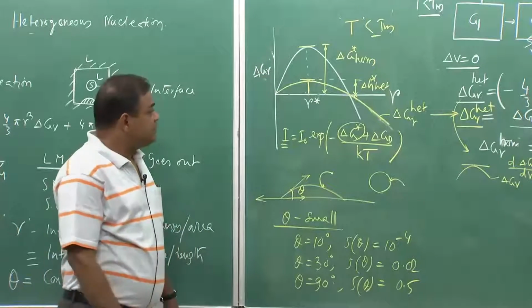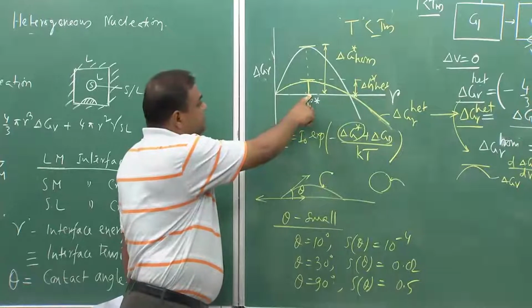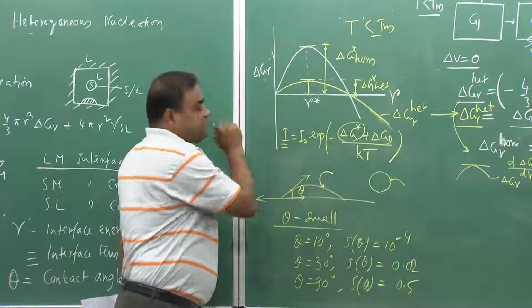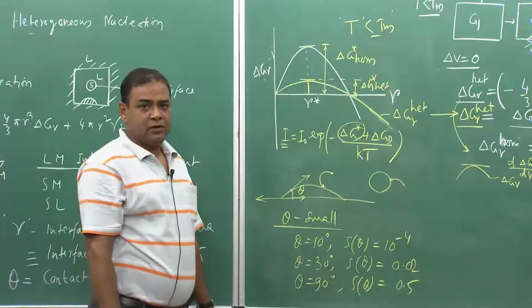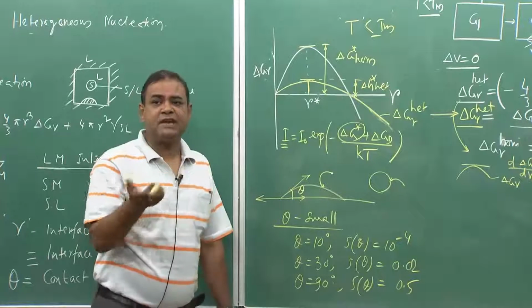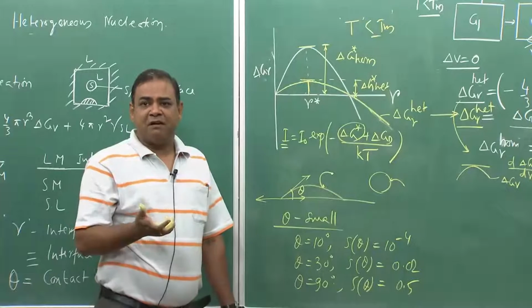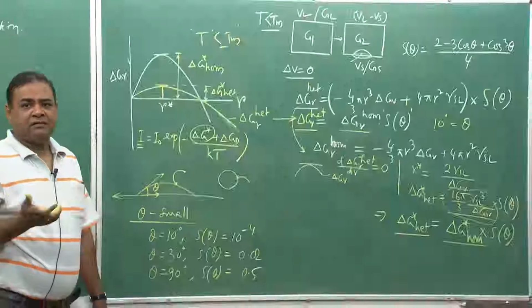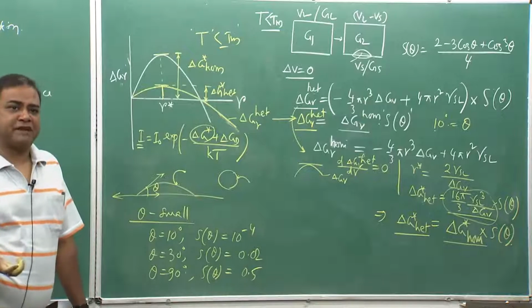So, for the same R star value, in heterogeneous nucleation, I would experience a larger number of nucleations per unit volume per unit time. That means, if I have a surface where the contact area is very, very small, it gives a very good influence for the enhancement of the nucleation rate.